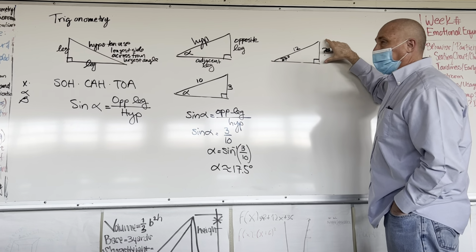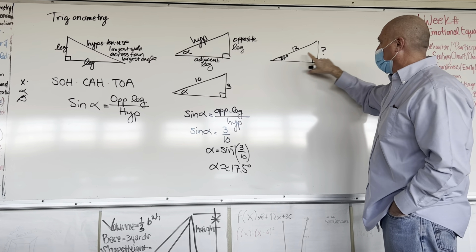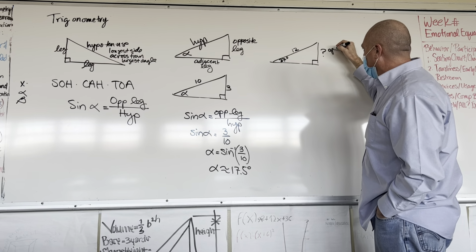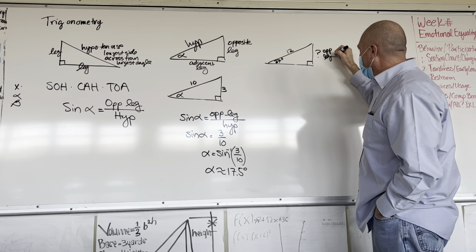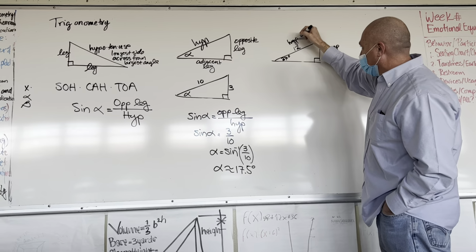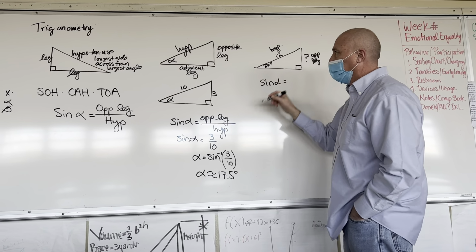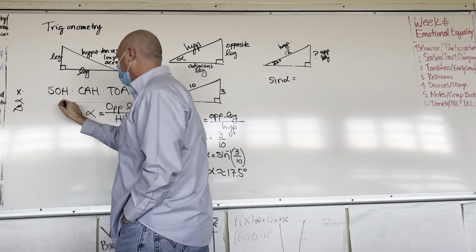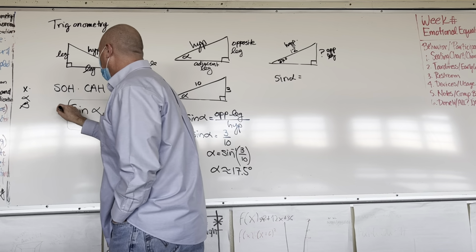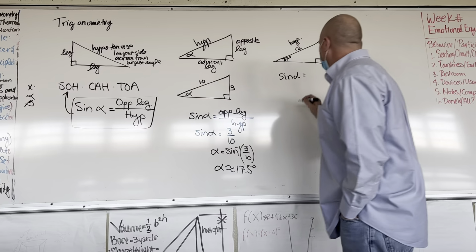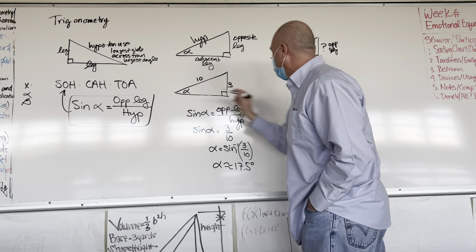We want to find the length of this side. It's still an opposite leg over here. This is an op leg. And this is the height right here. So we're still starting with the sine function, sine alpha equals, and this is our basic setup every time. Sine alpha equals op leg over height.